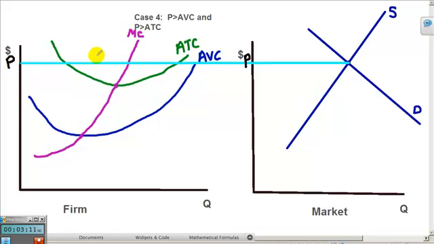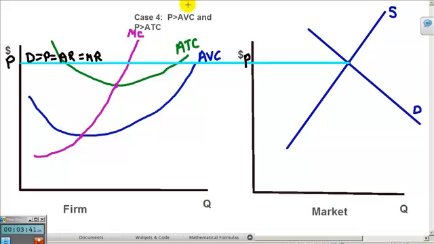And so this is our demand equals price equals average revenue, equals the marginal revenue curve, but it's really a straight line. So what's the firm going to do?